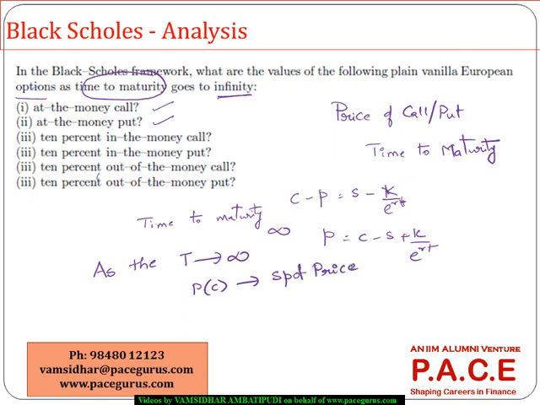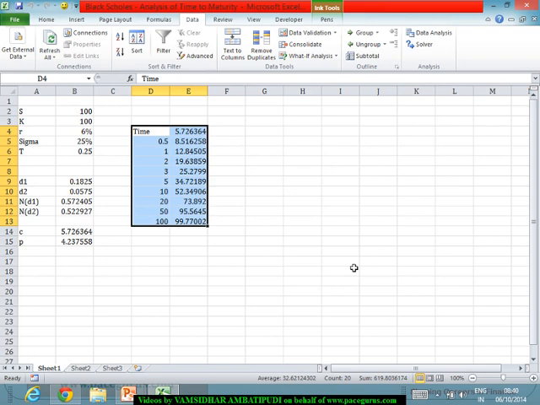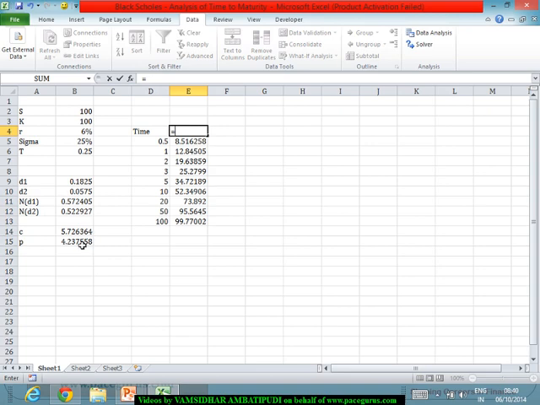The price of the call is approaching the spot price. And what about the case of put? Instead of observing the call, I want to observe the put.